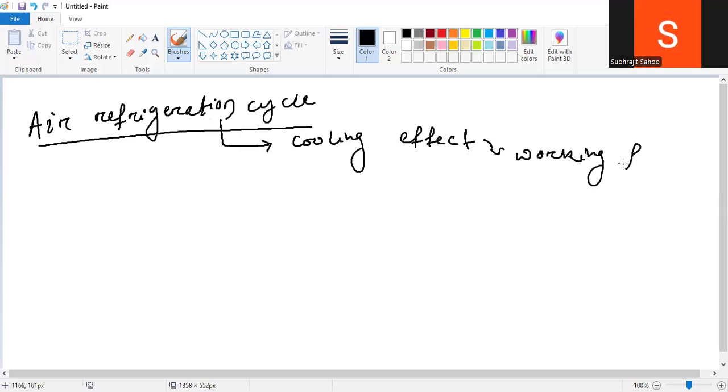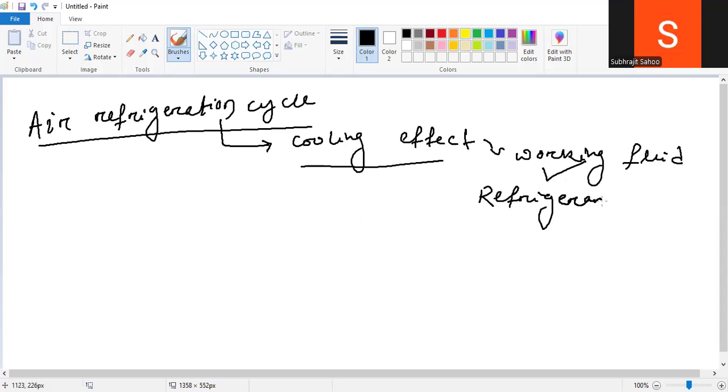Likewise, to generate electric power in a hydraulic or thermal power plant, a working fluid is required: steam in a thermal power plant, water in a hydraulic power plant. Those are called working fluids. Similarly, in the refrigeration cycle, one working fluid is required to produce the cooling effect. We call that working fluid a refrigerant.